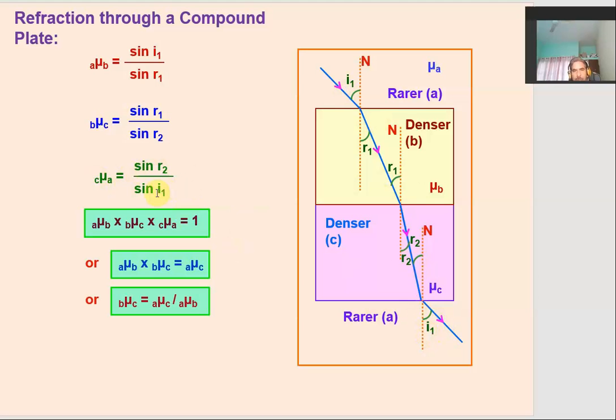So this is, but the principle of reversibility of light says that this result holds true here. So the product of all these refractive indexes, whenever a light ray is coming from one medium and emerging into the same medium, the product of the three will be equal to 1.